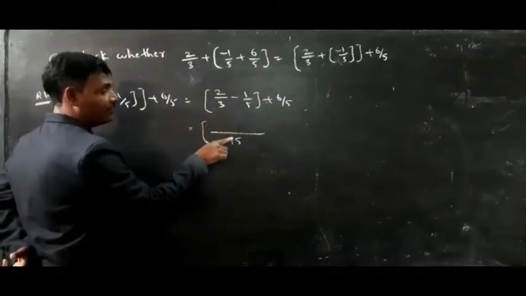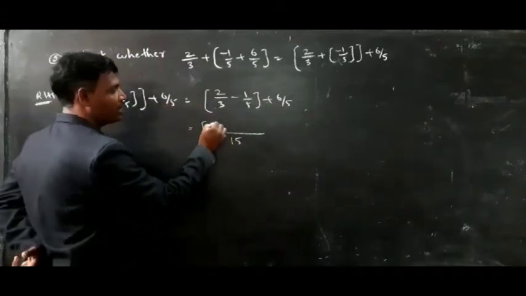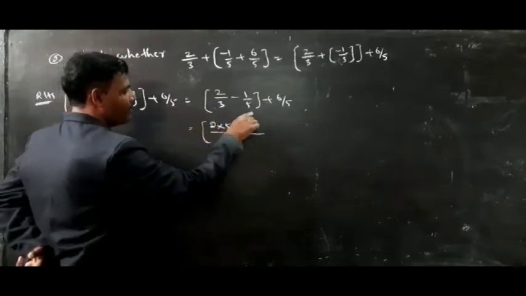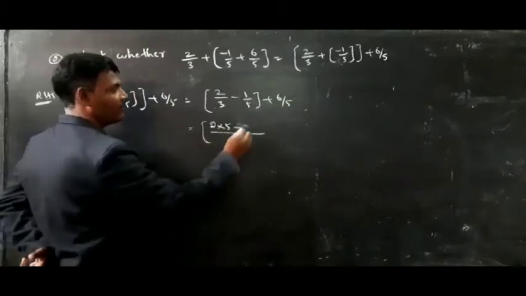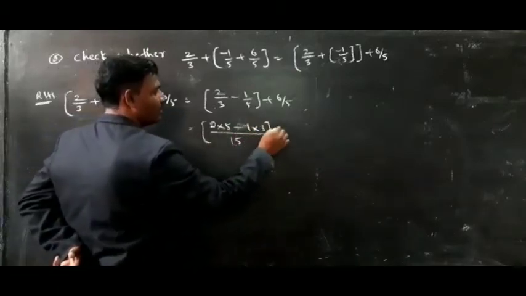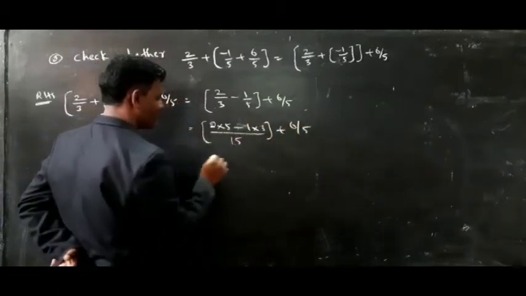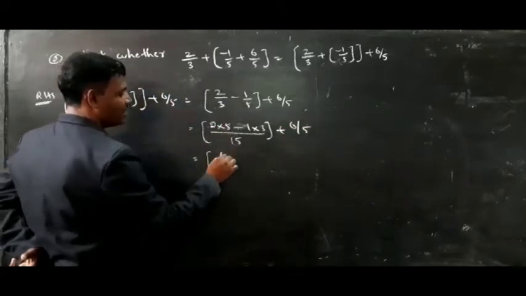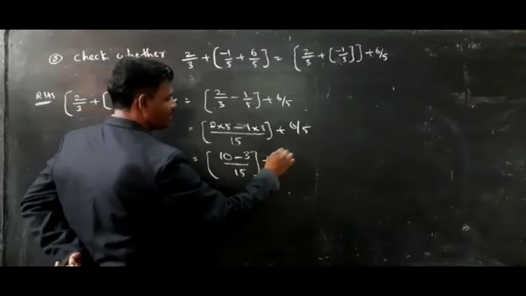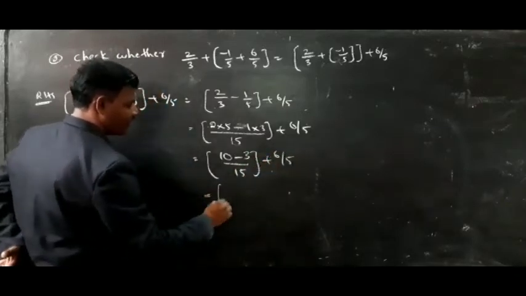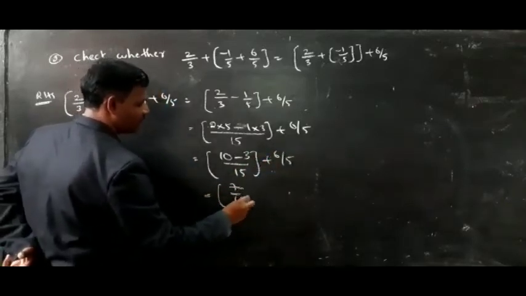So in 3 table, 15 is going 5 times, so it is 2 into 5. Plus in 5 table, 15 is going 3 times, 1 into 3. Plus 6 by 5. 2 5s are 10, minus 3 by 15. Plus 6 by 5. Now it is 7 by 15.